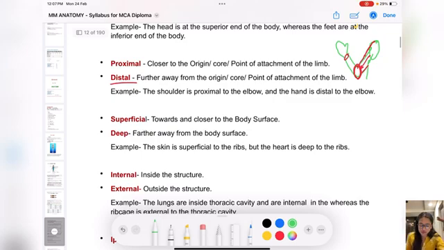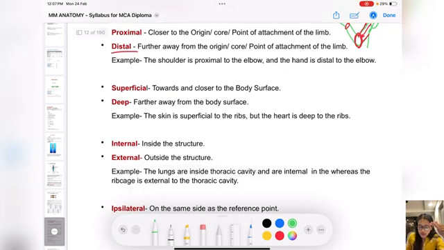Now what is superficial? Towards and closer to the body surface. And deep is far away from the body surface. If we are talking about our lungs, then they are deep inside. If we are talking about our skin, then it is superficial. In the diagram I am showing you, the red one is your skin, then there is your rib cage and heart.